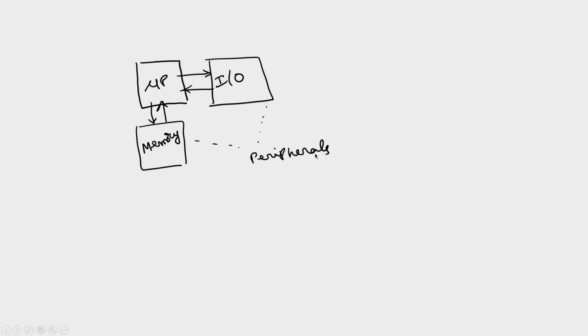Without this memory and IO, the microprocessor cannot perform any function. That is why you have to connect memory to the microprocessor. The technical word used to connect memory to the microprocessor is called interfacing. How to interface the memory to the microprocessor, how to interface IO to the microprocessor, this also we are going to study in this course.